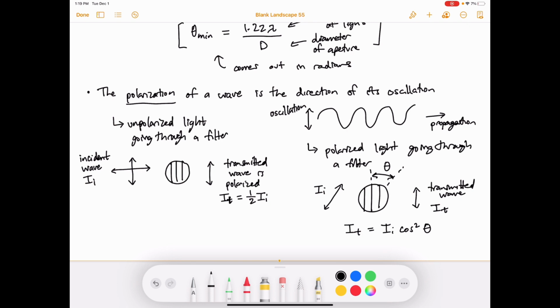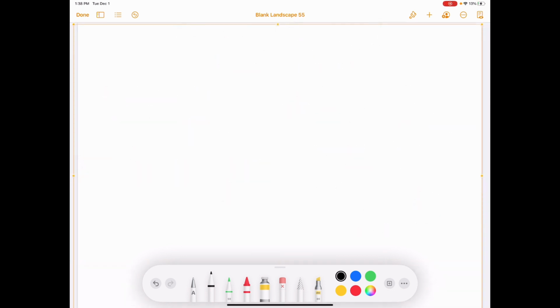So when it comes to polarization, you should know how to deal with unpolarized light going through a filter and polarized light going through a filter, and how to use these for different combinations of filters. And that takes us to the very last chapter of the semester, chapter 36, which deals with the theory of relativity.